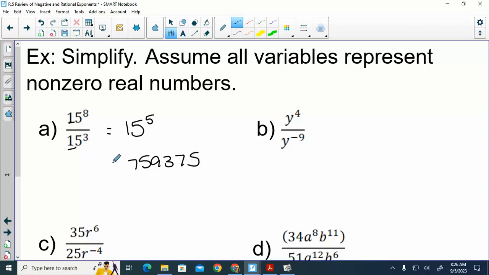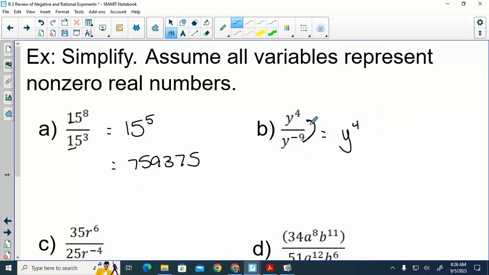Alright, B. So there's a couple options for how to start this one. What do you guys think? What could we do? We could get rid of the negative first. Okay, if we do that, we have a y to the 4, y to the negative 9.